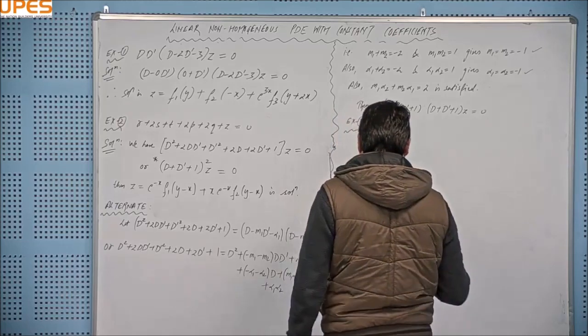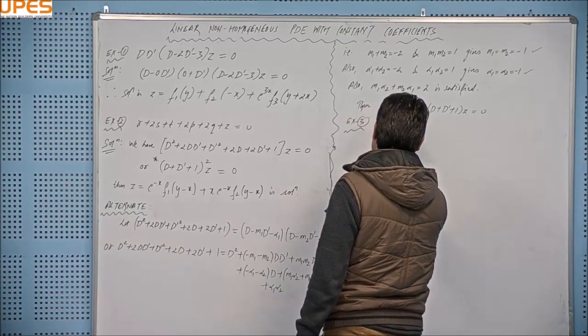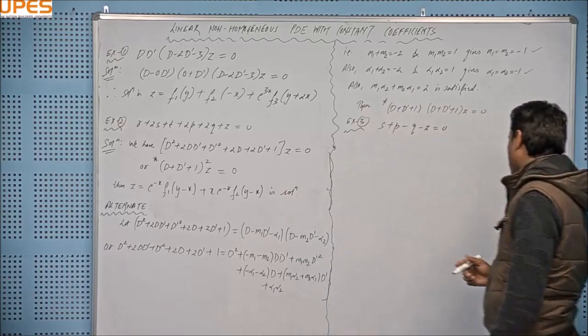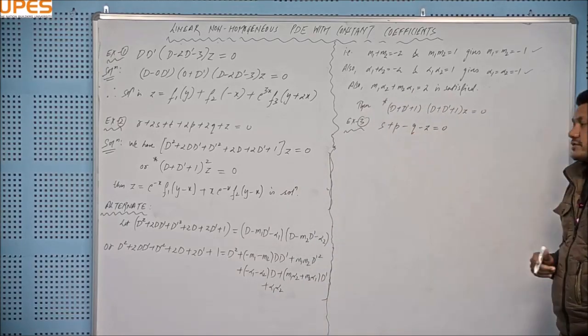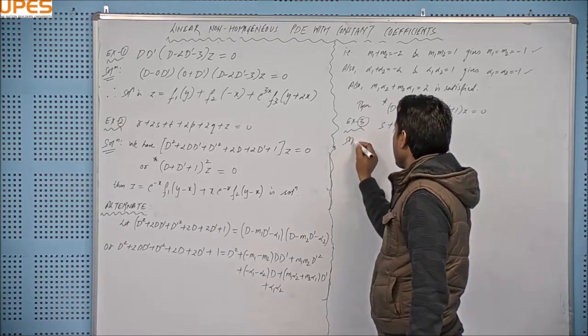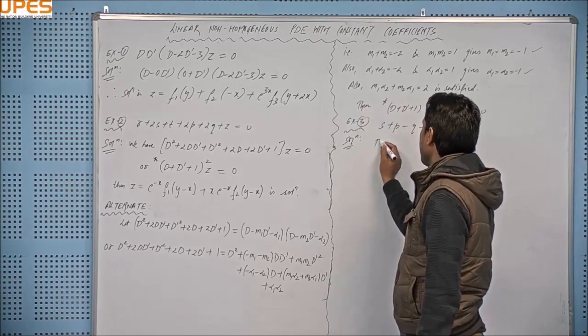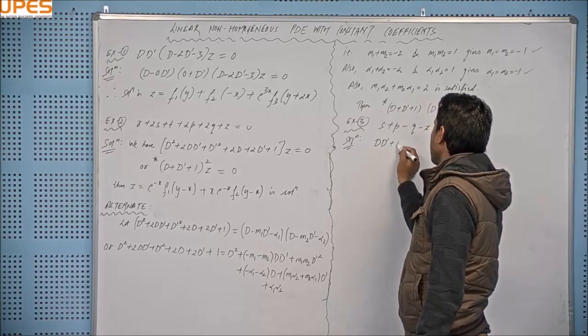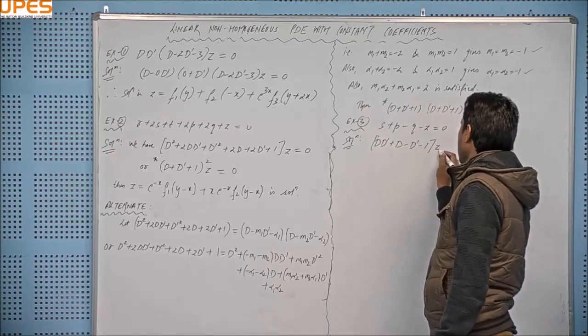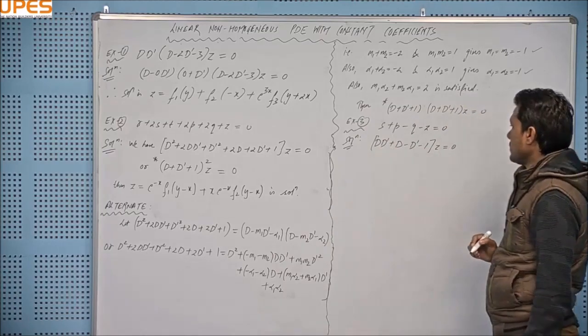example number 3, and that is let me take s plus p minus q minus z is equal to 0, starting from the second mixed derivative. Let me write it in terms of D and D dash: D D dash plus D minus D dash minus 1, and z is equal to 0.